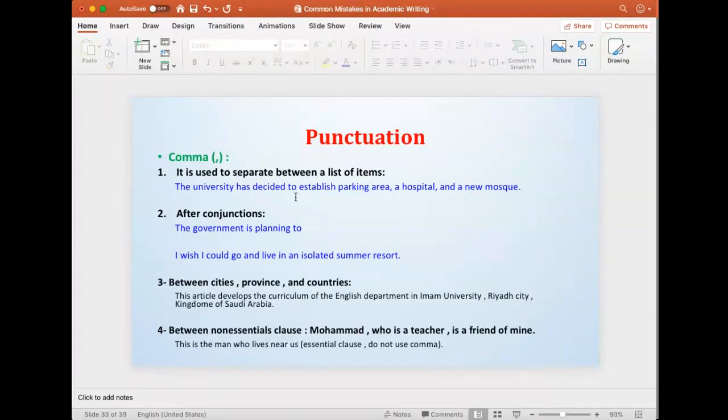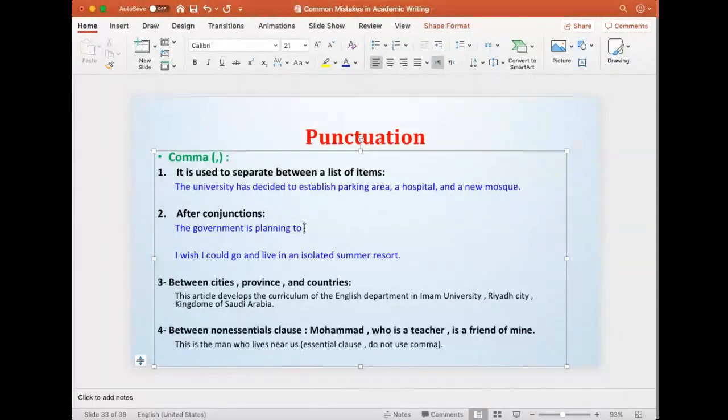For example, the university has decided to establish a parking area, a hospital, and a new mosque. Also, after conjunctions, like the government is planning to, let's say, reduce pollution.